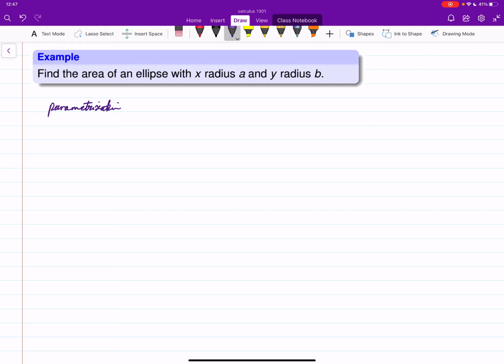Since all the ellipses with the same x radius and y radius have the same area, I can go ahead and consider the ellipse which is centered at origin. So I will take x to be a cosine t and y to be b sine t.